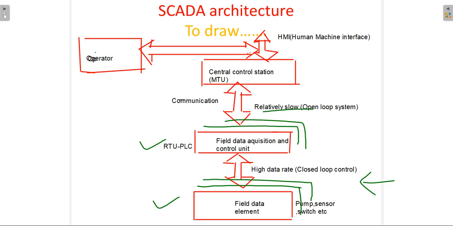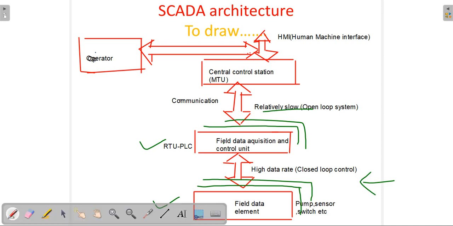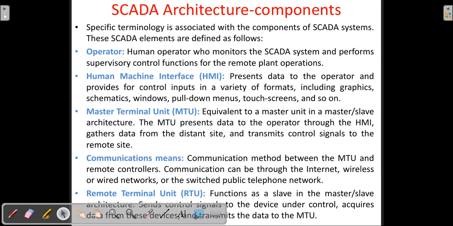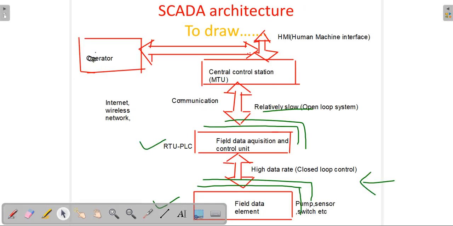As long as the communication is concerned, you may have the internet, you may have a wireless network, or you may have public telephone networks.